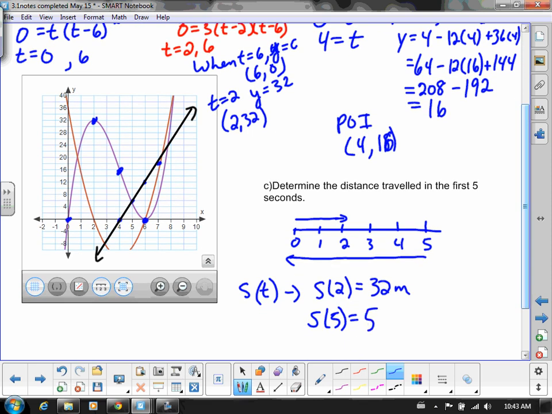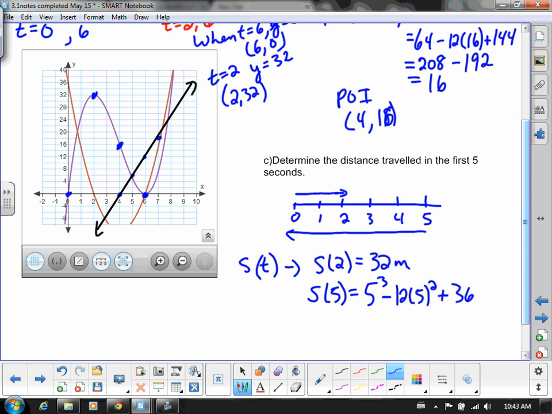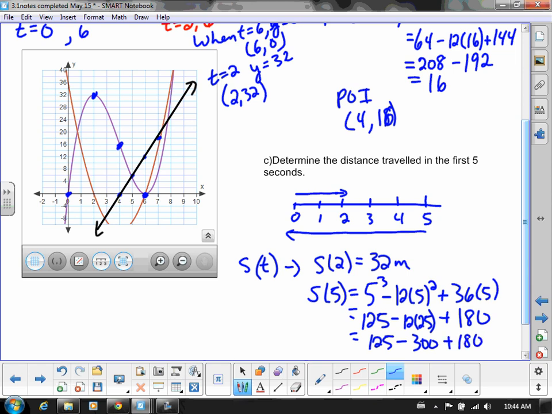So I have 5 cubed minus 12 times 5 squared plus 36 times 5. So I have 125 plus 180 minus 12 times 25. So that's 125 minus 300 plus 180.